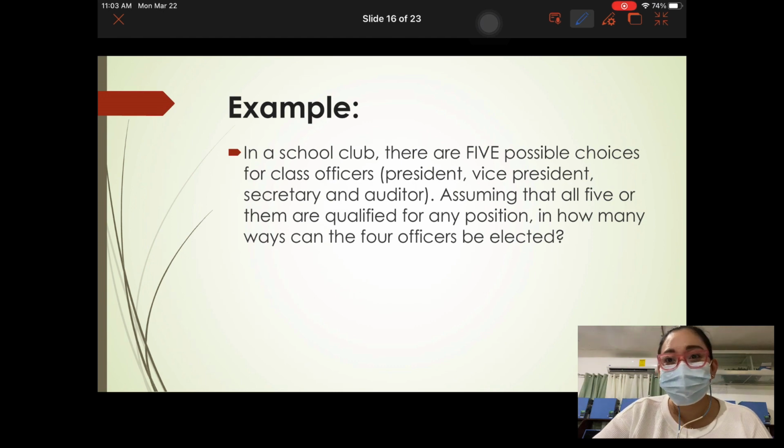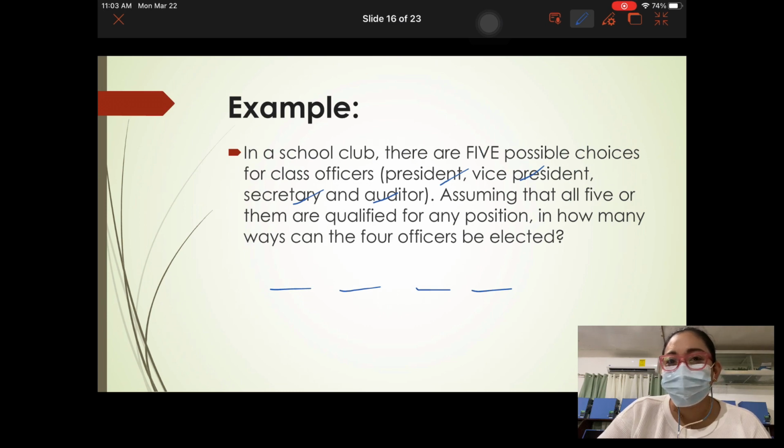Tapos ilan yung class officers natin? 1, 2, 3, 4. So we only have 4 slots. Okay? But there are 5 people competing for those 4 slots. Assuming that all 5 of them are qualified for any position. So ibig sabihin, any of the 5 choices, pwede siya maging president, vice president, secretary, or auditor. In how many ways can the 4 officers be elected?